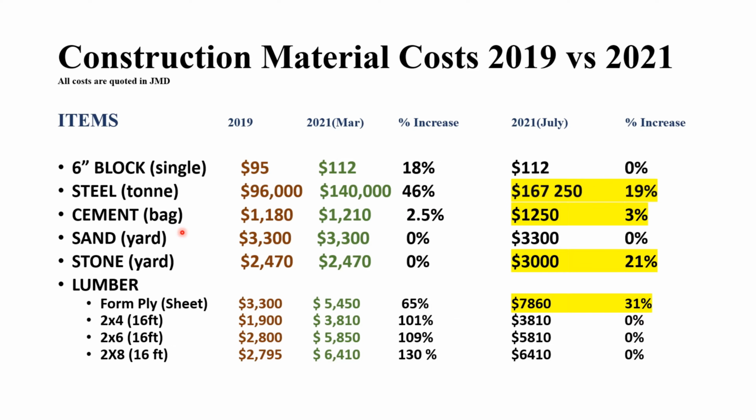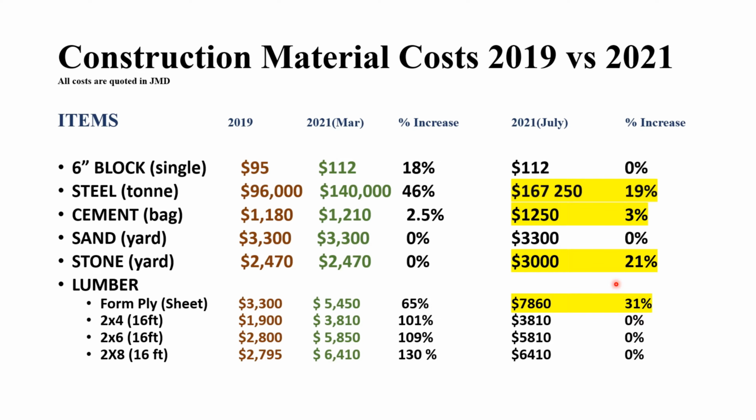Another area of increase, and this is another key material that is used in the process of construction, that's cement, from $1,210 to $1,250. That's a 3% increase. Stone per yard, $2,470 in March, now $3,000, so that's a 21% increase.